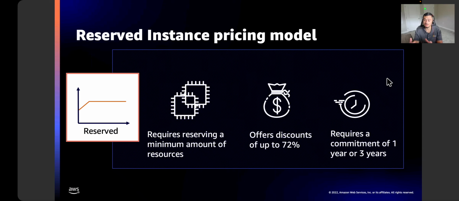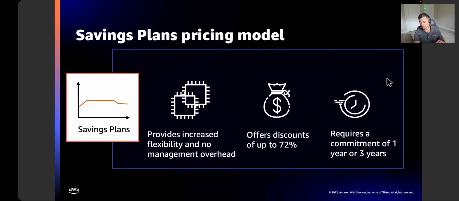You can commit to that and save up to 72% off the on-demand price, right? It requires reserving a minimum amount of resources. So you specify how much of a certain instance configuration you want, and then how long you need it for, right? Savings plans, also 1 or 3 years, also up to 72% off, but they provide us with increased flexibility and no management overhead.